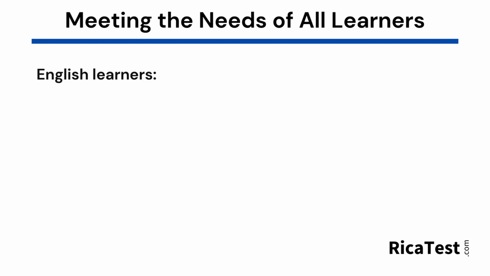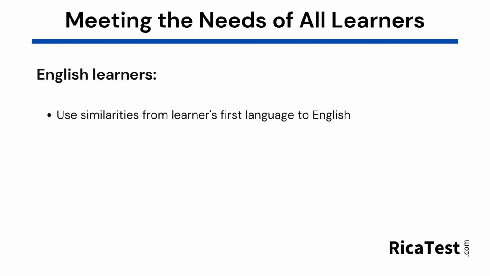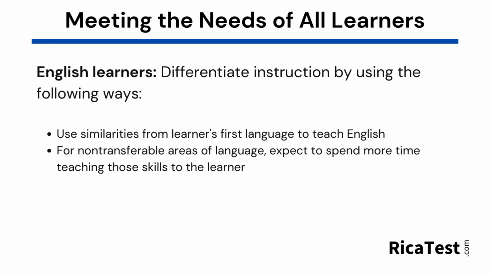Next, let's have a look at ways to differentiate instruction for our English learners. One common method is to find and use similarities between the student's first language and the English language. Not all languages are easily transferred from the student's L1, or first language, to English, and languages that do naturally transfer, such as Spanish, will still find troublesome areas in a particular part of the language that has a disconnect from English.